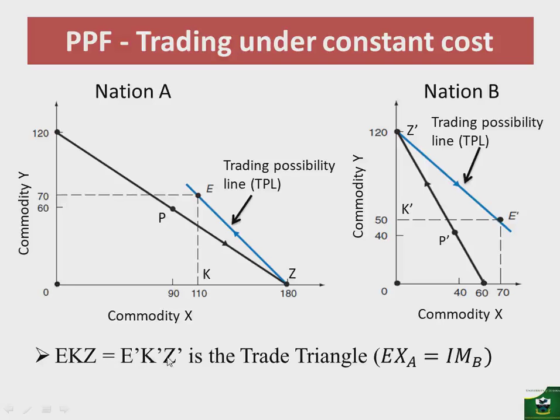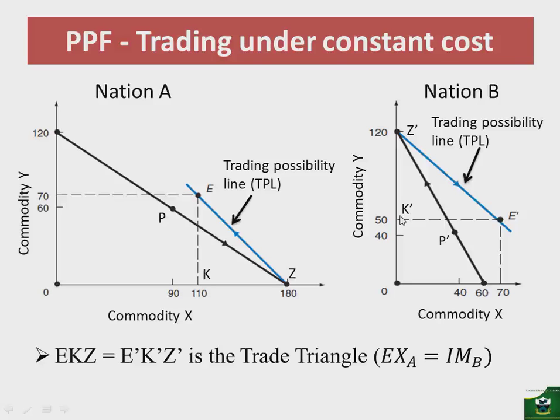And clearly from here, you will notice, number one, that the triangle EKZ is equal to E prime, K prime, Z prime. That is, this triangle here is equal to this triangle here. Why? Because the exports of one nation will be equal to the imports of the other nation. The exports of nation A will be equal to the imports of nation B, and the exports of nation B will be equal to the imports of nation A. Therefore, this triangle is what we call the trade triangle.